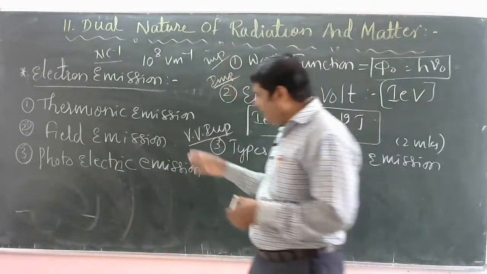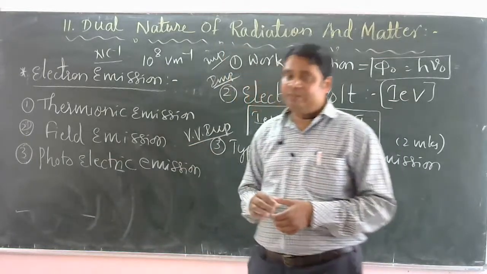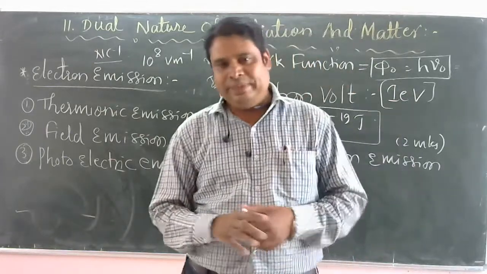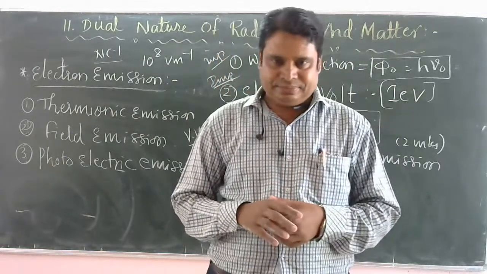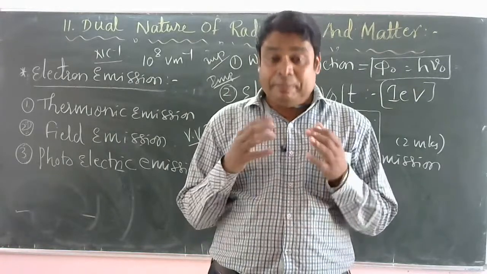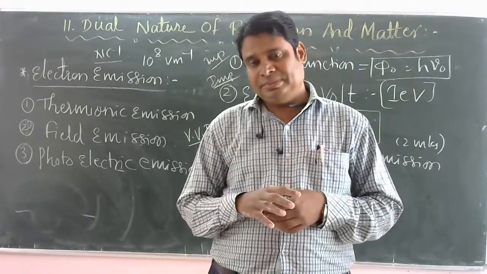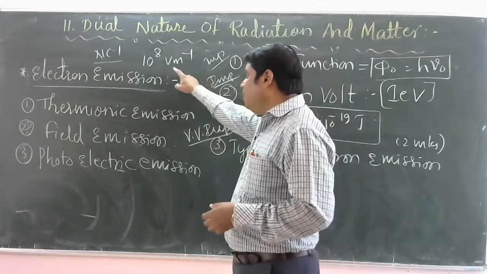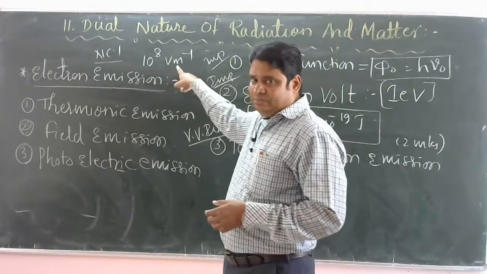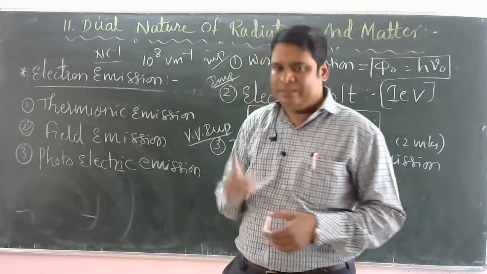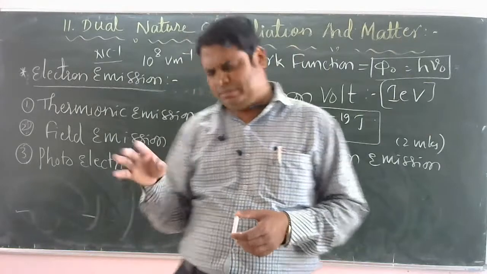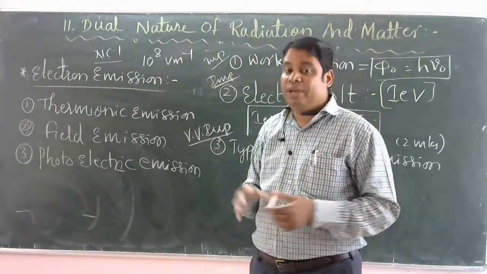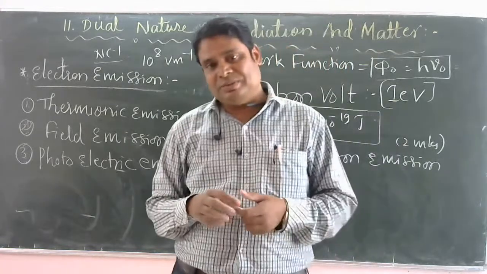The second emission is field emission. What is field emission? Here field means electric field. By applying an electric field of order 10 raised to 8 volt per meter, we can liberate electrons from the metal surface.